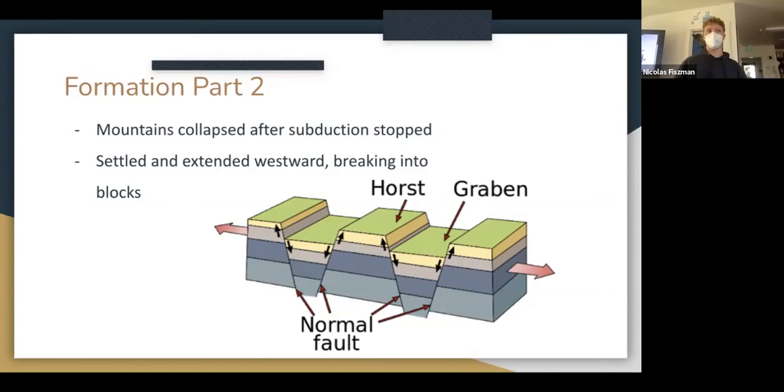Of course that was over a period of millions of years, but all that material extended westward and settled and broke into blocks of crust called horsts, which rose in the molten mantle below, and grabens, which sunk, and those formed the basin and ranges.